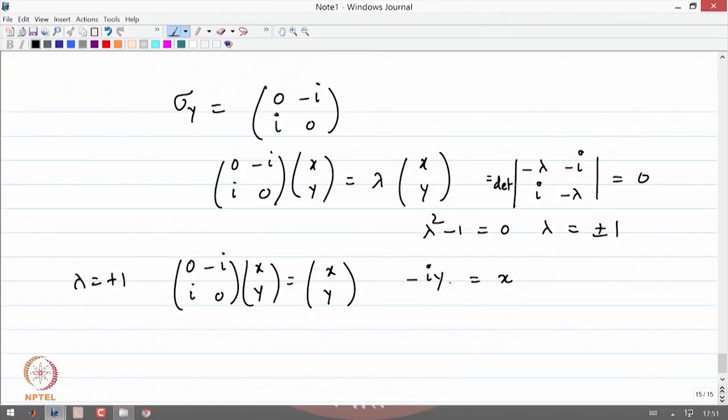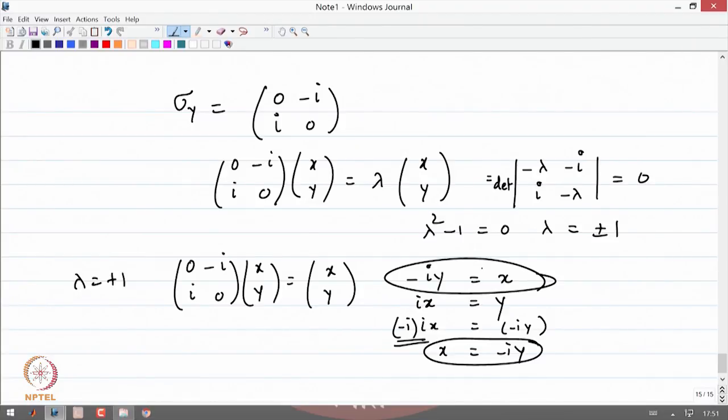Obviously it should be the same as the first line, but just verify it. I times x is equal to y. If you multiply this by minus I, the second line Ix gives minus Iy, and of course minus I into I is 1, therefore you get x is equal to minus Iy. So it is the same equation. It is a linear system, the determinant is 0. That is how we got the eigenvalues, therefore this is the solution.